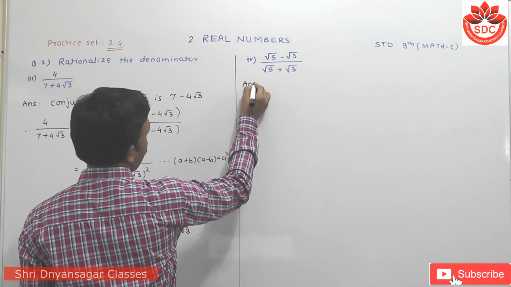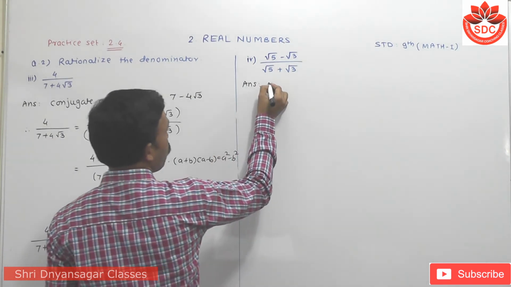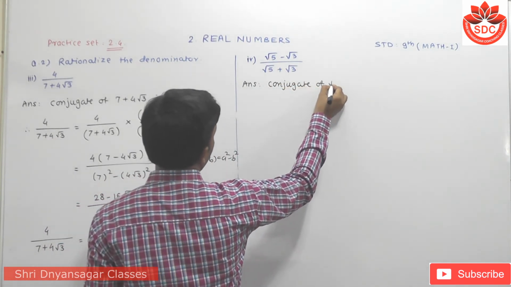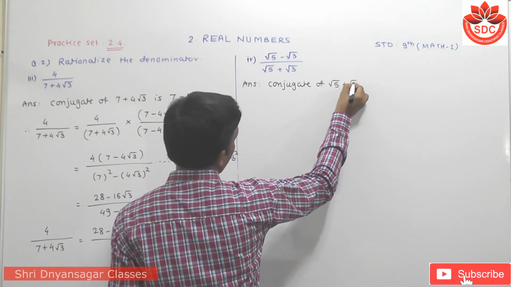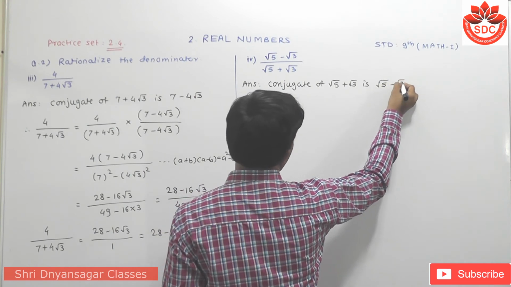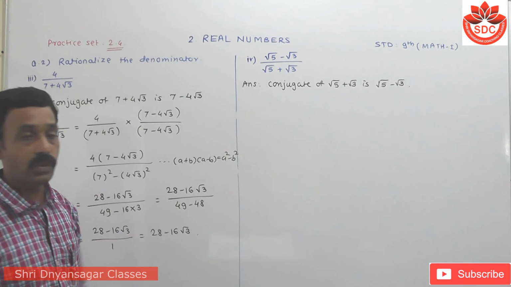Here we have to only rationalize the denominator, so the conjugate of root 5 plus root 3 is root 5 minus root 3. You have to multiply numerator and denominator by this root 5 minus root 3.